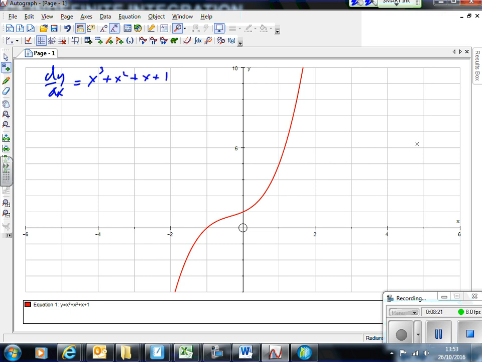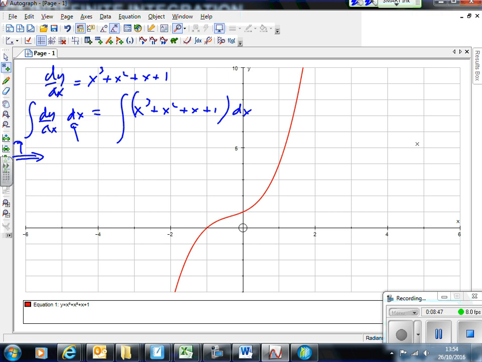I'm saying then that if we integrate both sides with respect to x, so remember the sigma with the variable, if you do it to the left, you must do it to the right, bracket, bracket. Okay? That's how you would formally notate this. So you're returning from the gradient function to the original function.